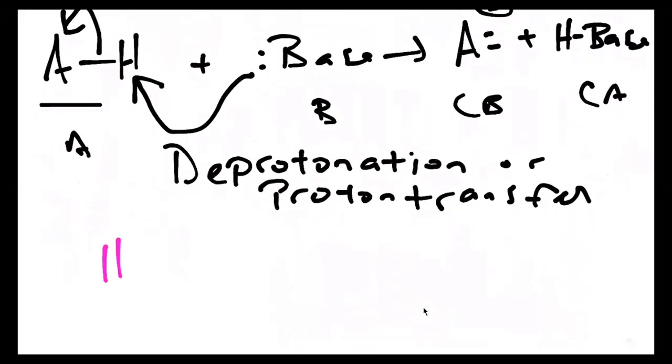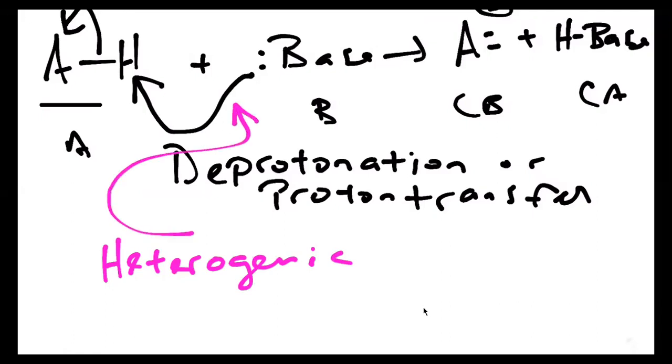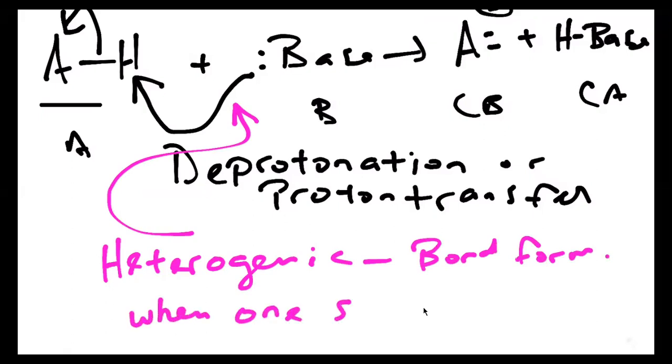So this process is what we call heterogenic bond formation, when one atom supplies both electrons.